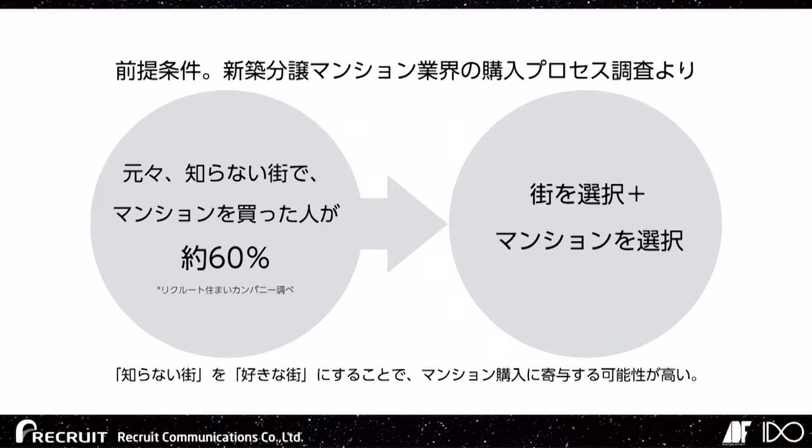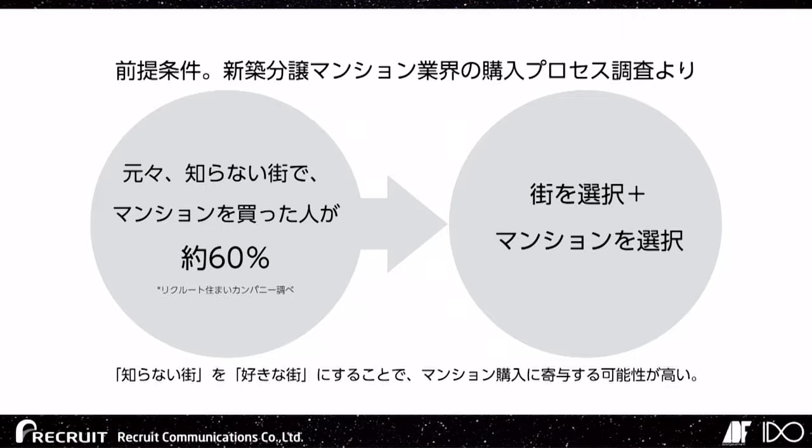There are around 12 items to answer: why you wanted to buy this apartment, and why did you buy this apartment? There are so many different kinds of questions. And at the timing of buying the apartment, 60% of them actually didn't know this town, this local area, when buying this apartment.